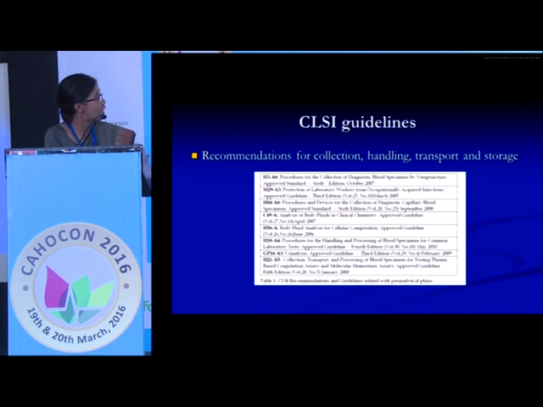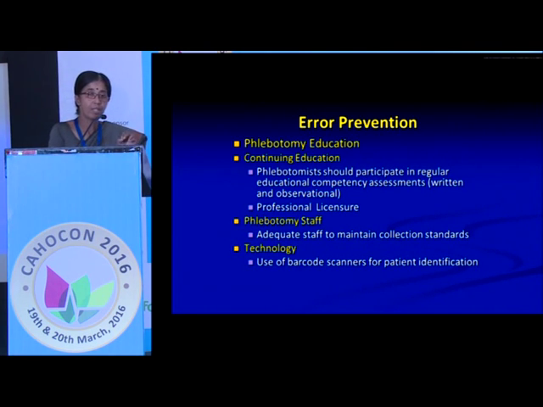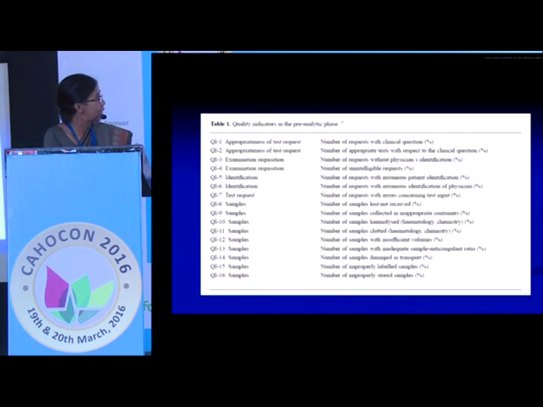CLSI guidelines are in place, and ISO 15189-2012 clause 5.4 has distinctly, clearly illuminated all these possible factors that we need to put in place to ensure that we prevent these errors. Definitely education, training, competence assessment play an absolutely important role. Training and retraining is something that we need to keep doing all the time.